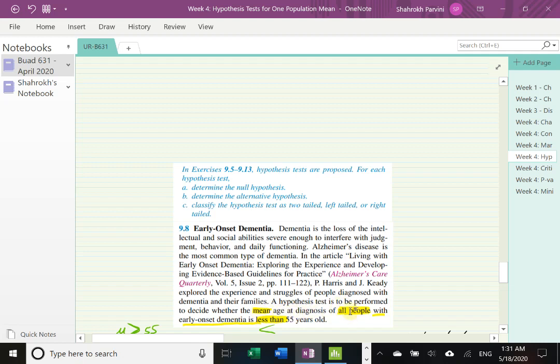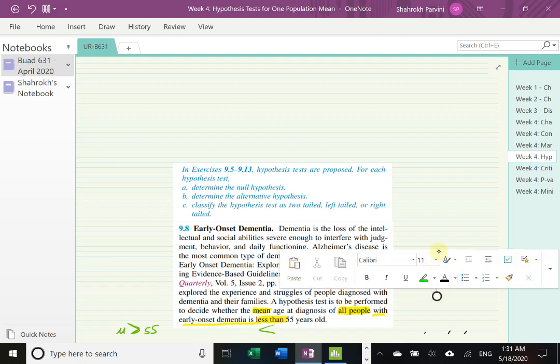You see how inferential those words are. When we talk about all people or all measurements, all possible outcomes, we're talking about the population. So that's what the mean is, the population mean. So it's going to be mu. So we want to decide whether, with early onset of dementia, the mean age is less than 55. So that's what we want to know, whether it's less than 55.